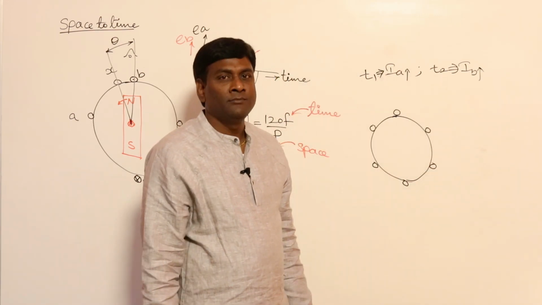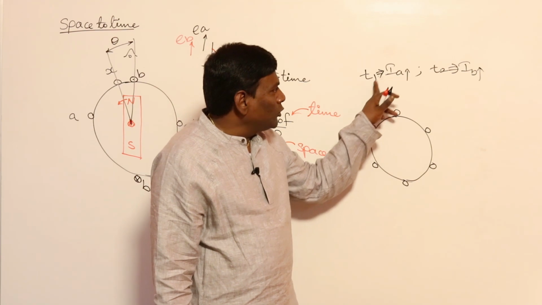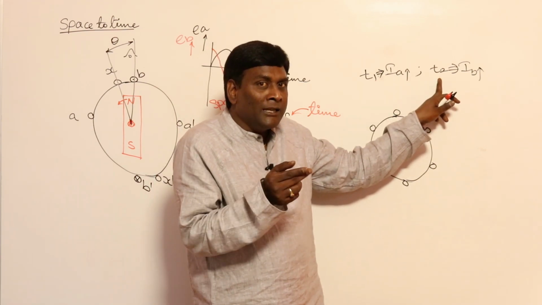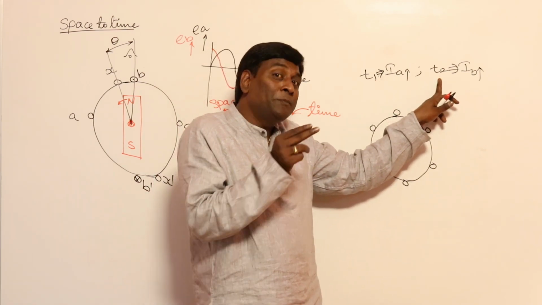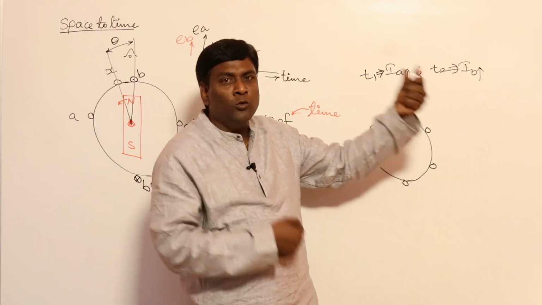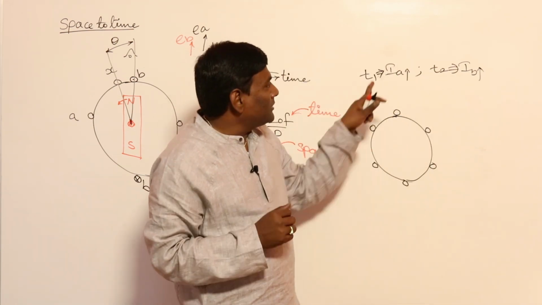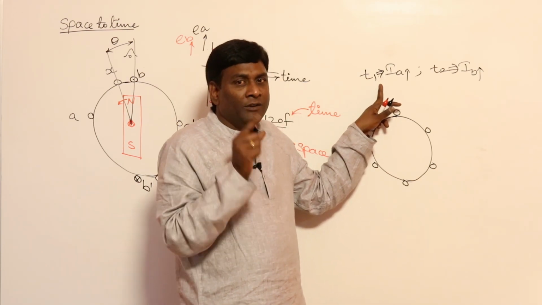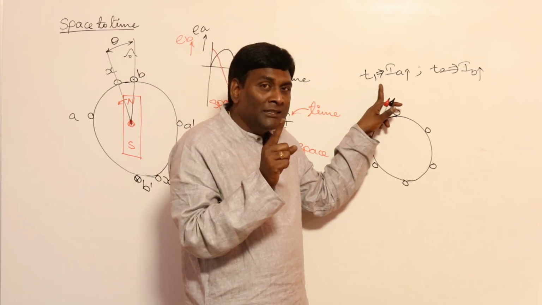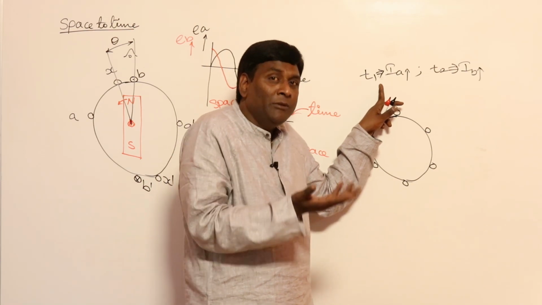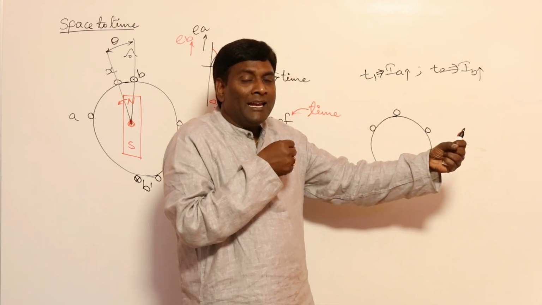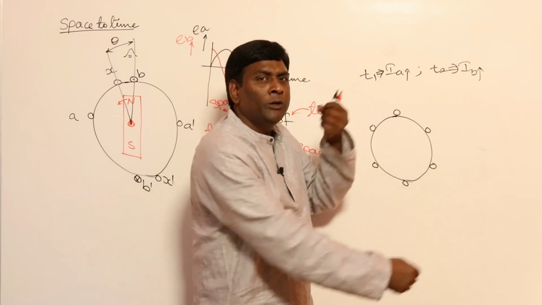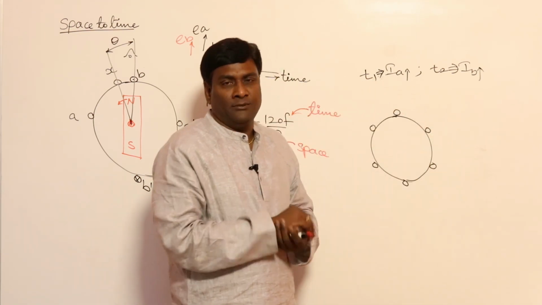So T1 to T2, 120 degrees in time is giving 120 degrees in space, and the resultant MMF is being rotated. If I give one cycle of currents in time as the input, the output is that my resultant MMF is going to revolve by one revolution.